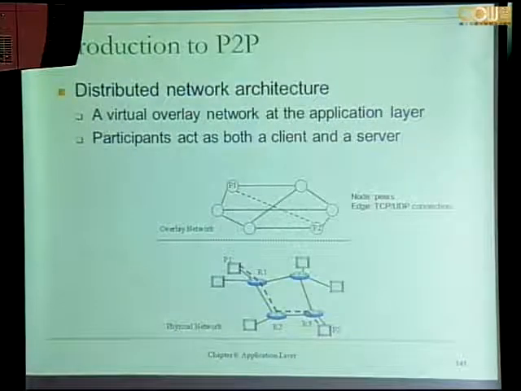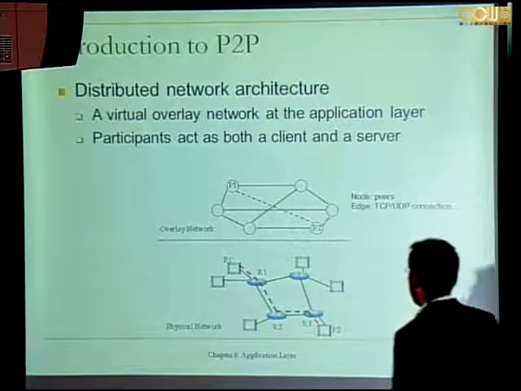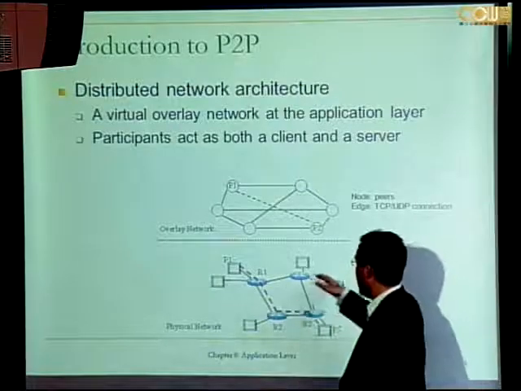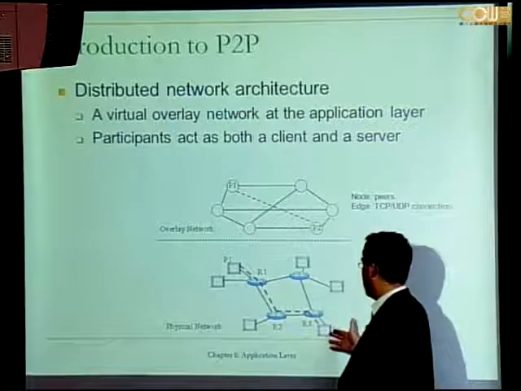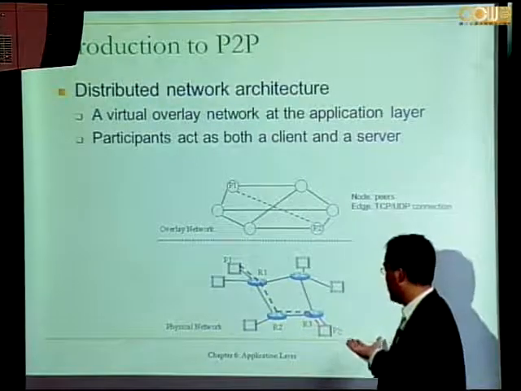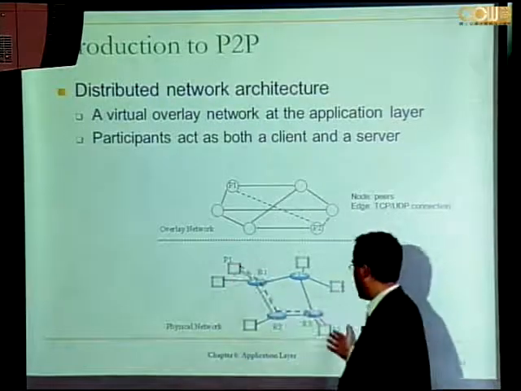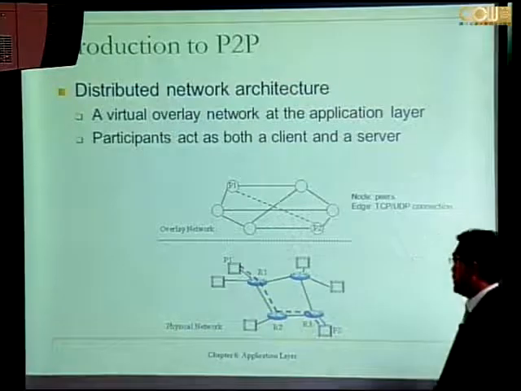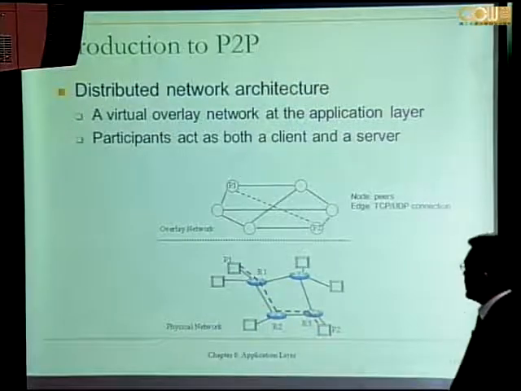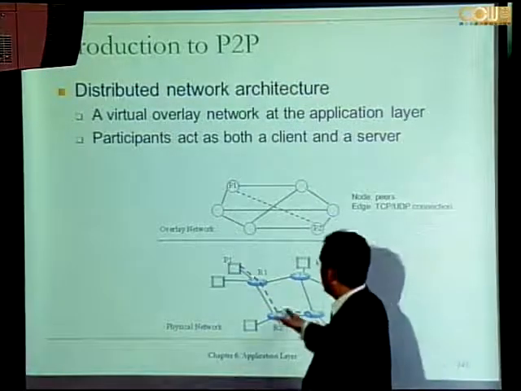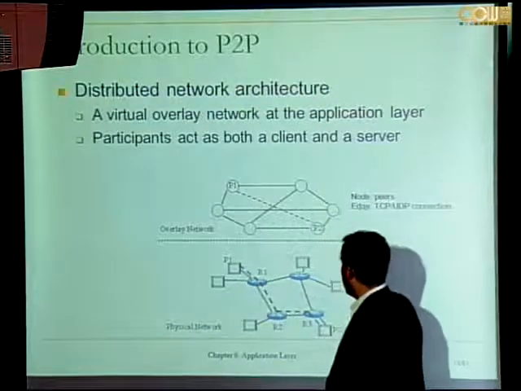Okay, here's a P2P. So the physical network is this, where you have a peer or a PC. You have two clients connected to the network, and however, they know each other.